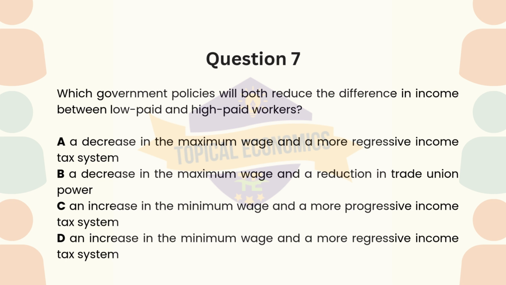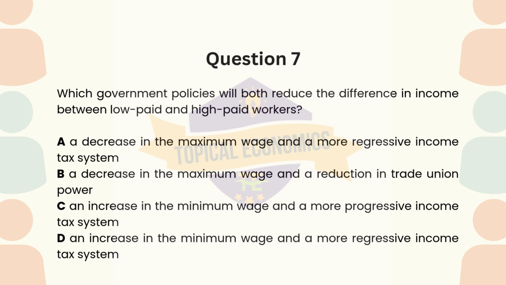Option C, an increase in the minimum wage and a more progressive income tax system. Now, increasing the minimum wage helps raise the income of low-paid workers, while a more progressive income tax system, that is higher taxes on higher income, helps redistribute income, thereby narrowing the gap between low and high earners. So this option is correct.